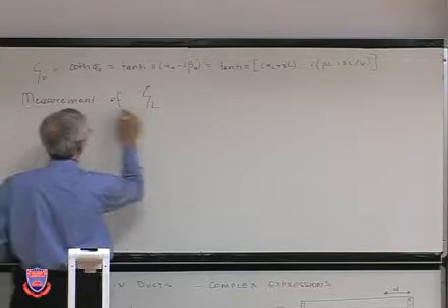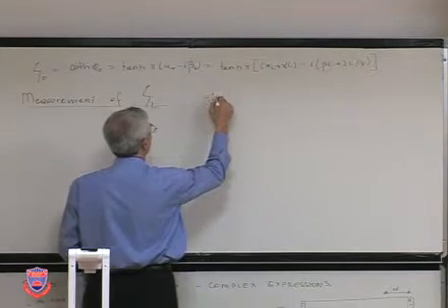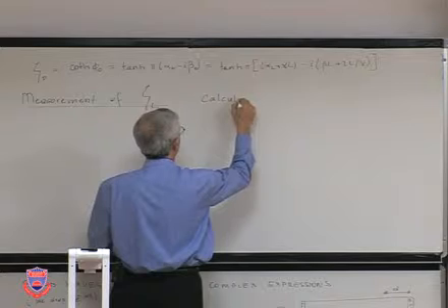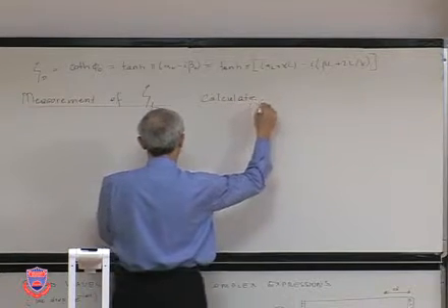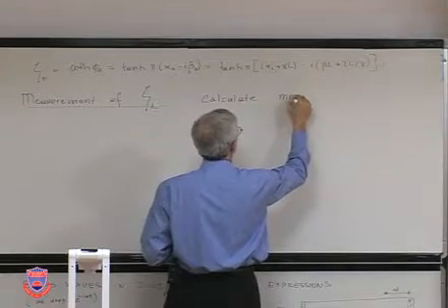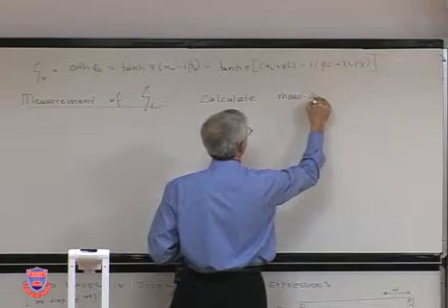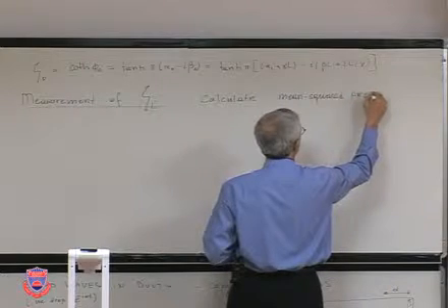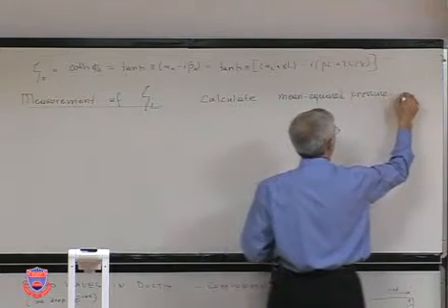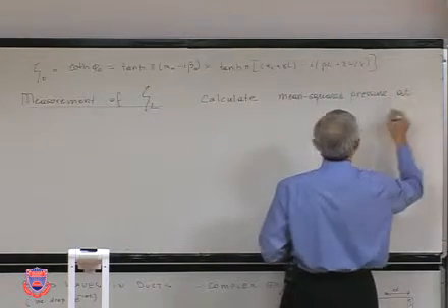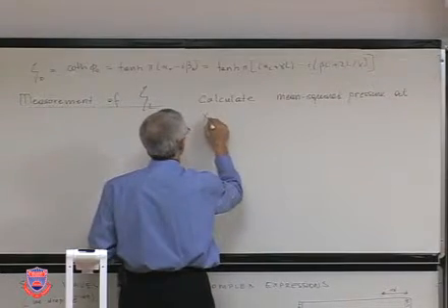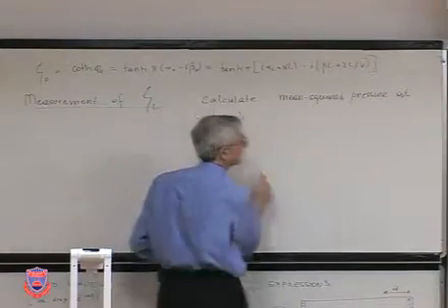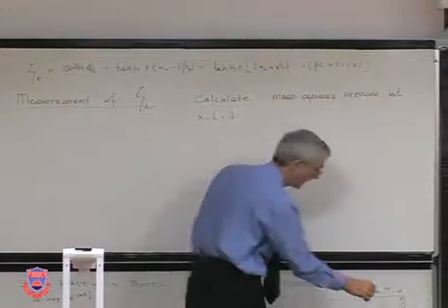What we do is first calculate the mean squared pressure at a distance L minus D. And that would be right here.